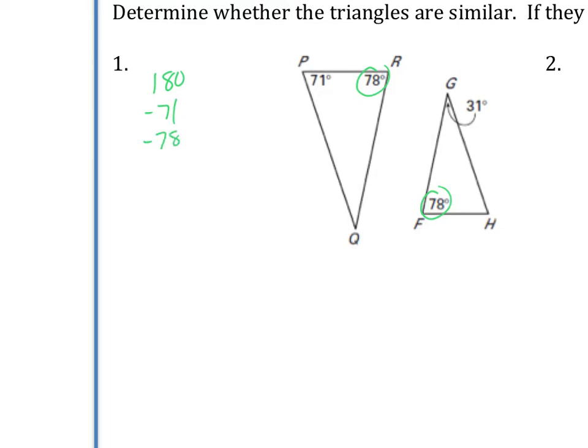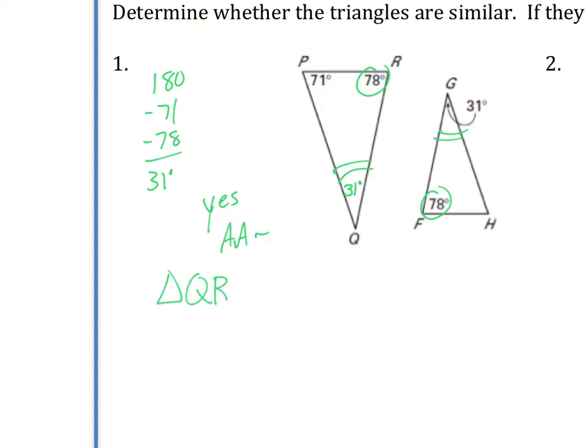So 180 minus 71 minus 78 is 31 degrees. So that means angle Q is 31 degrees. So we can see that we also have two angles that are 31 degrees. So are they similar triangles? Yes. Angle-angle similarity. And then we have to name them.